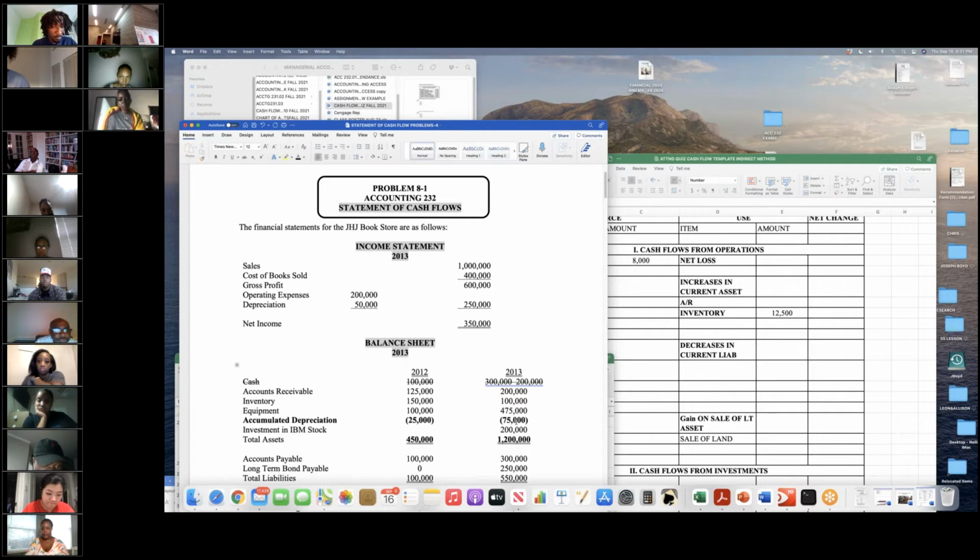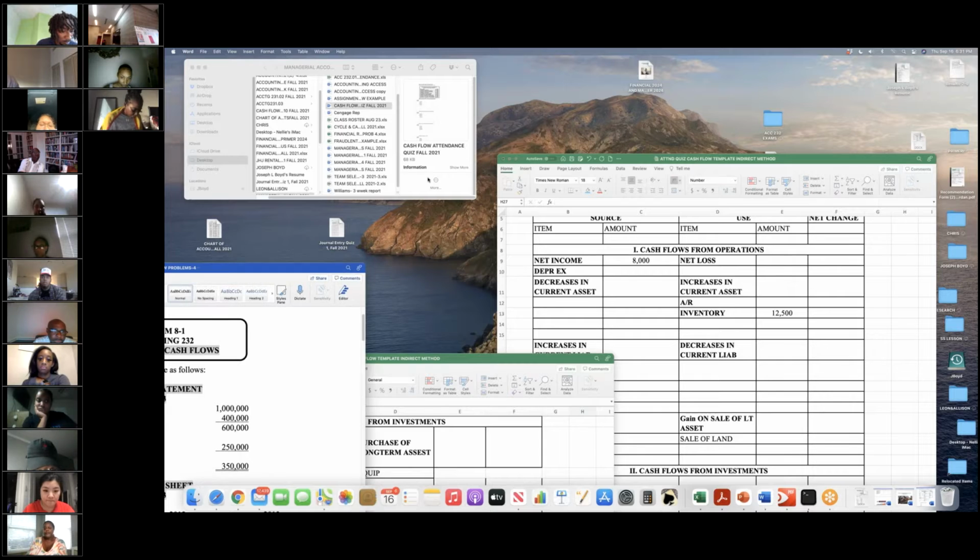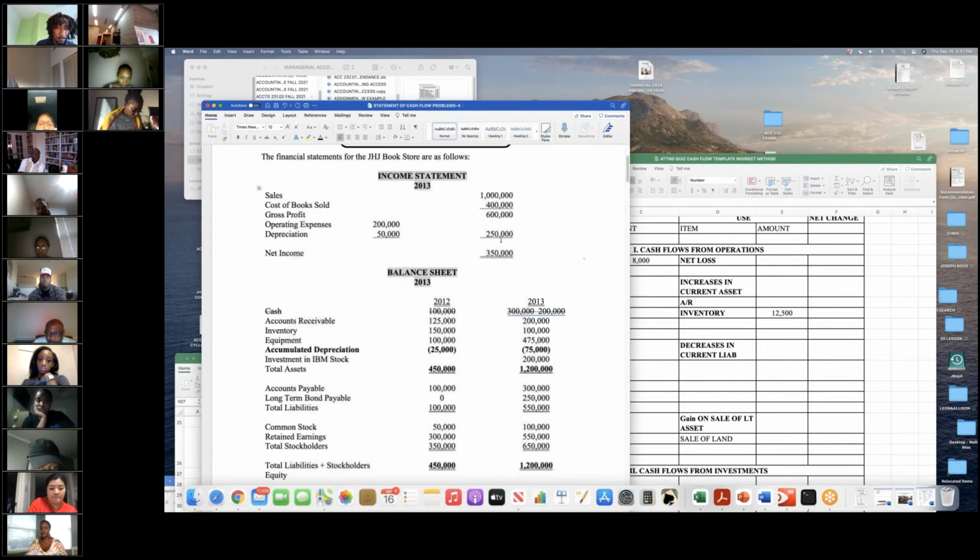I got a question. About the long-term bond payable, would that be under the receipt of long-term loan or payment of long-term loan? I think that's the question here, on problem one. It was 0, then it went to 250. So what happened?